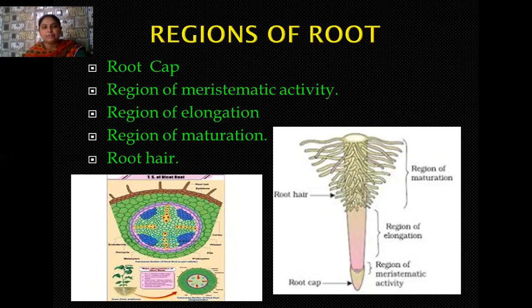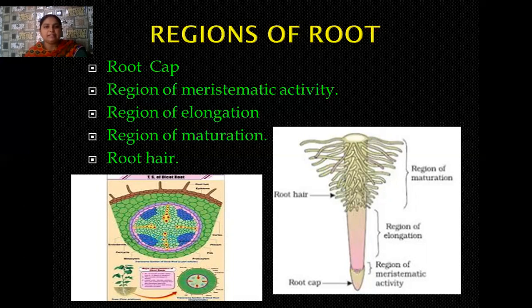So both types of cells are present, meristematic as well as some cells that become differentiated too. These cells help in rapid elongation of the roots, and enlargement of the root is also done by these cells which are present in the region of elongation. The main function of this region of elongation and its cells is to increase the length of the root.